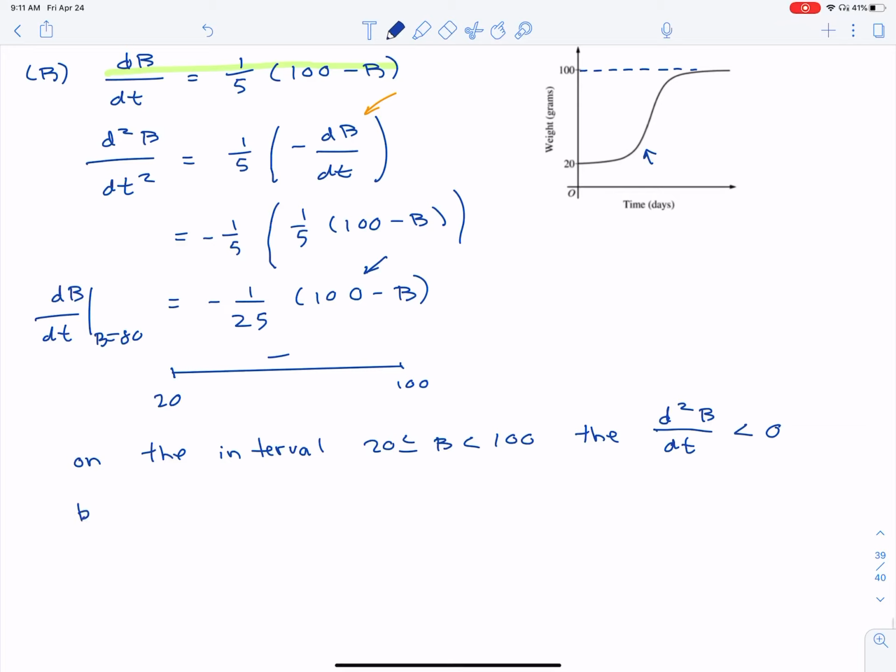But the graph given, actually, I'm going to rewrite that slightly to be a little more specific.